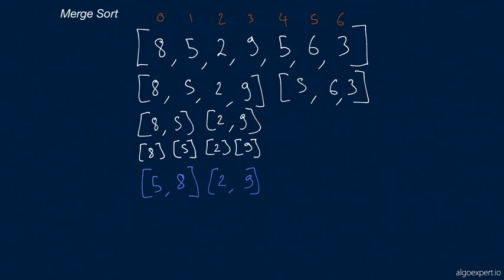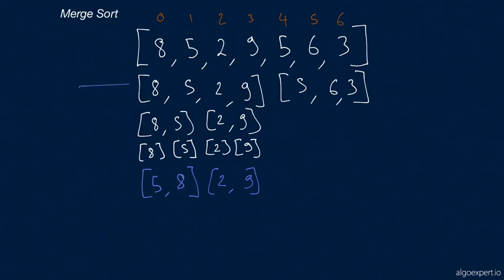Okay, so now what do we do? Well, we've got two subarrays here, 5, 8, and 2, 9, that we know are sorted. Because we know they're sorted, we can combine them into an array of length 4, like the one that we have up here.